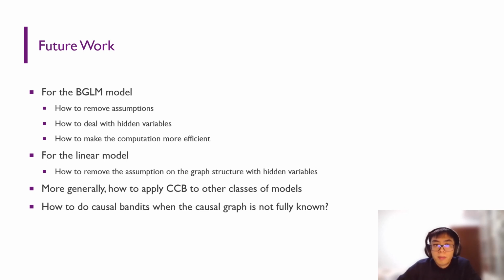For the linear model, one could consider removing the condition on the graph structure for hidden variables. How to apply CCB to other models is also future work. Recently, we are working on causal bandits without the causal graph. This is also an interesting topic.